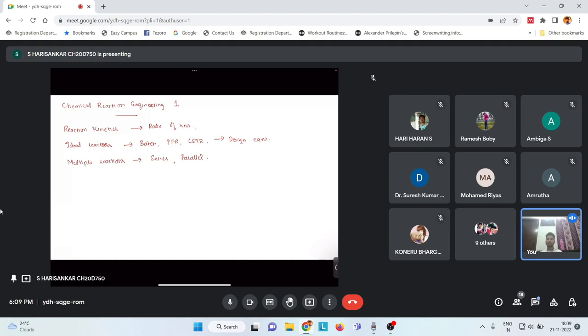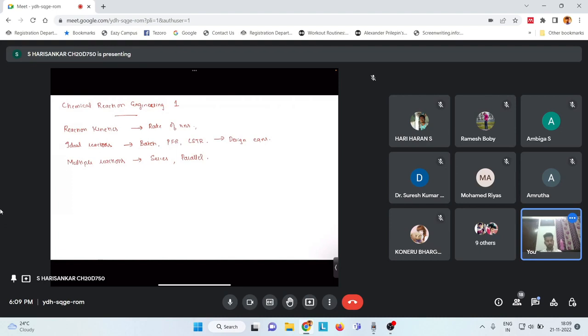We looked at something called the optimum time for a series reaction. Then we looked at how the temperature of a reaction can be decided based on the activation energies and so on for parallel reactions. So that was about the major topics in CRE 1.